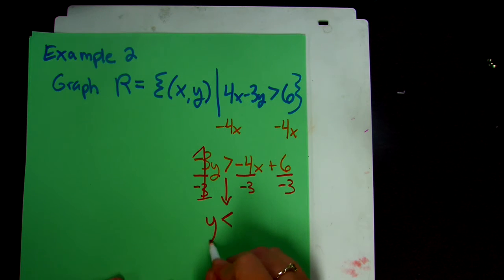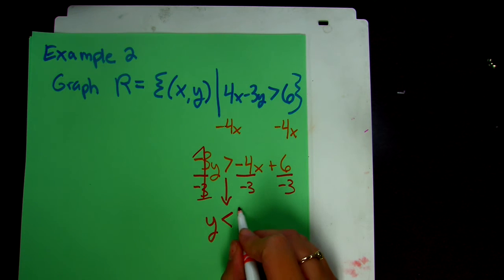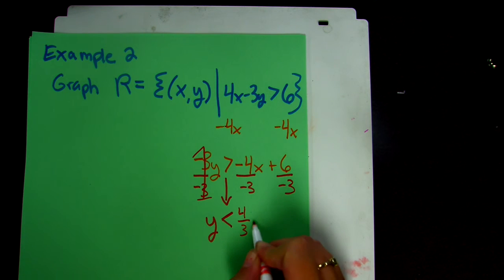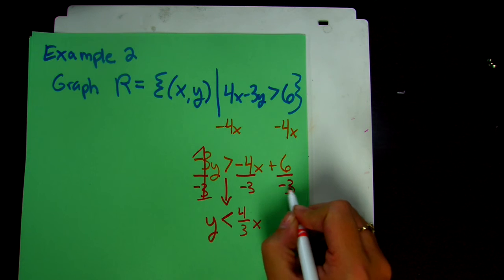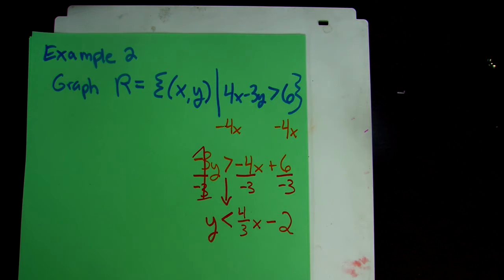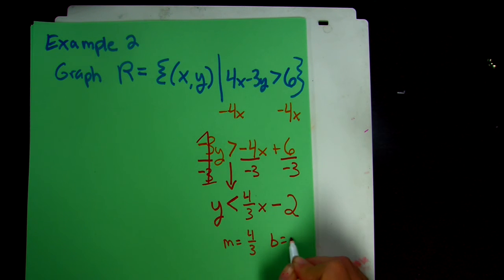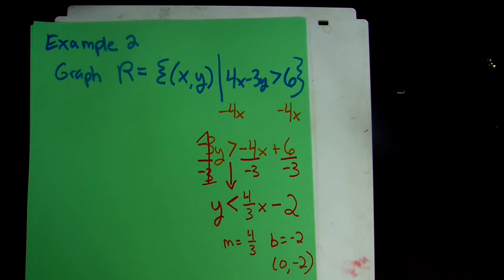So I have y. And then negative 4 over negative 3 actually becomes positive 4 over 3. And then 6 divided by negative 3 is going to become negative 2. So now I have this. So my m is 4 over 3. My b is negative 2, which means my y-intercept is 0, negative 2.